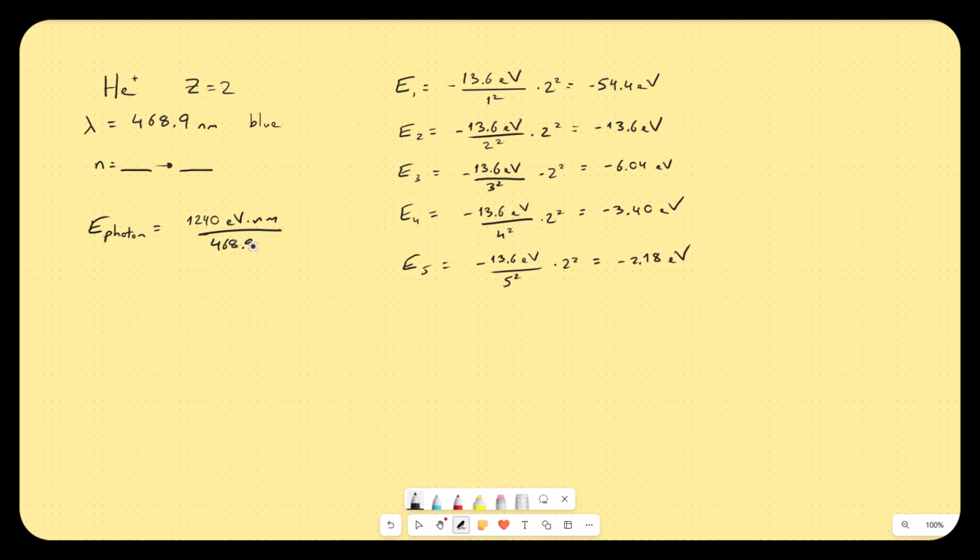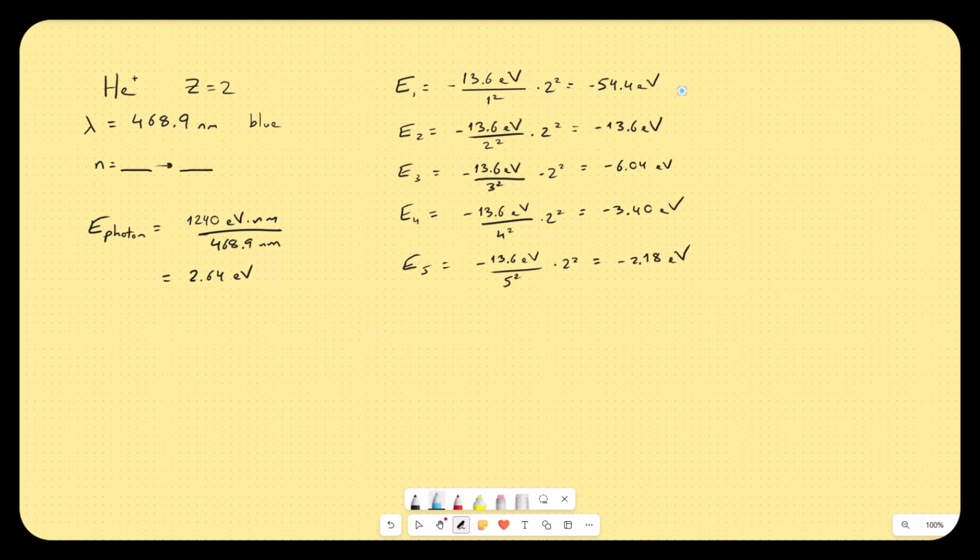Anytime we have a photon that's visible, the wavelength tends to be given in nanometers. So being able to take this shortcut is a really nice deal. But this comes out to be 2.64 eV.